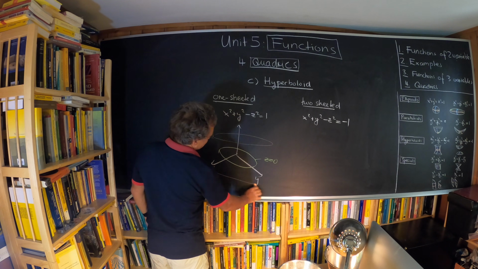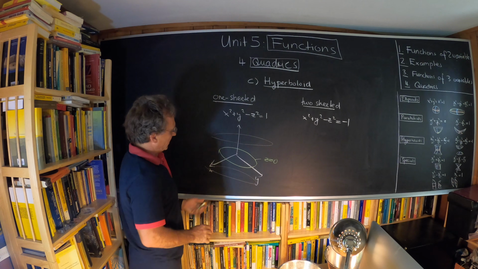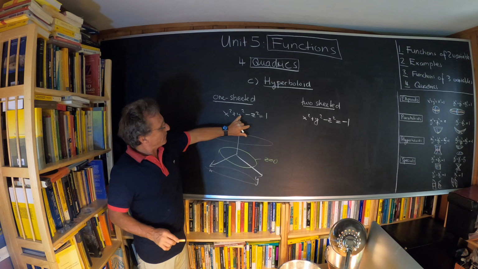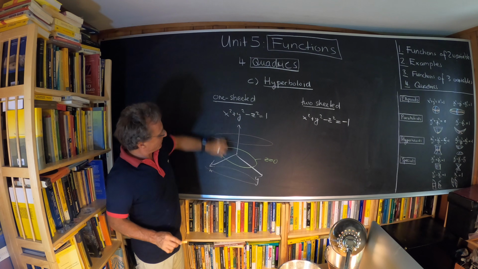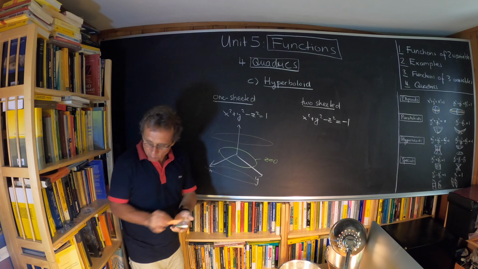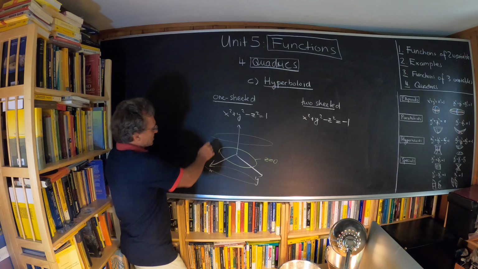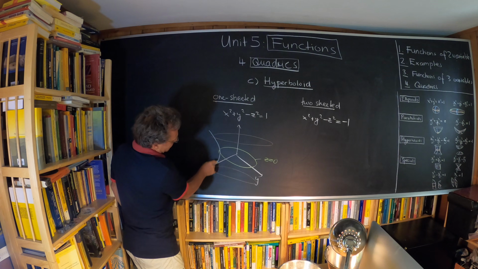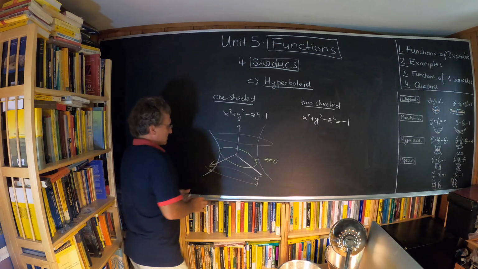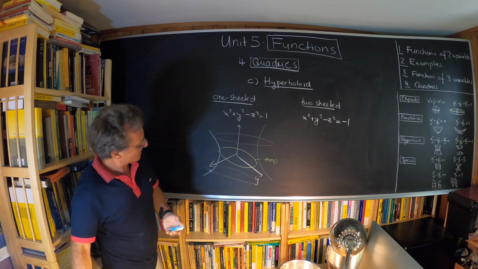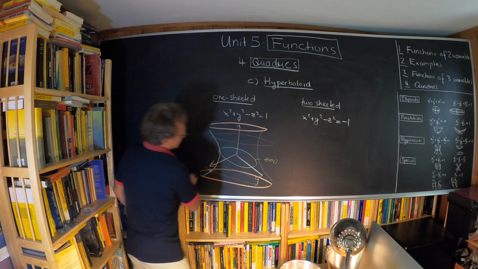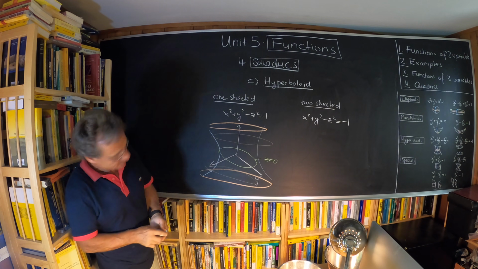And also when z is equal to minus 1, the circle has become bigger. Now it helps also to look at the traces. If y is equal to 0, then we are in this plane here. When y is equal to 0, we get x squared minus z squared is equal to 1, which is a hyperbola. So what we see is this one-sheeted hyperboloid looks a little bit like this.